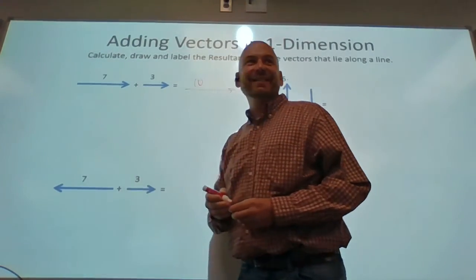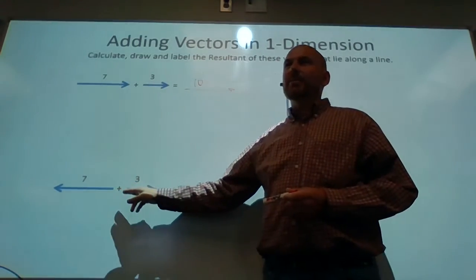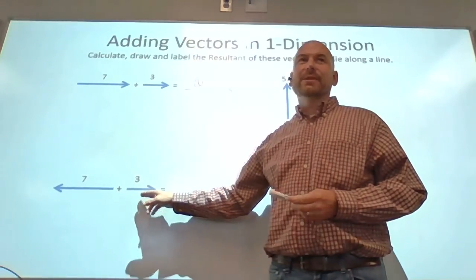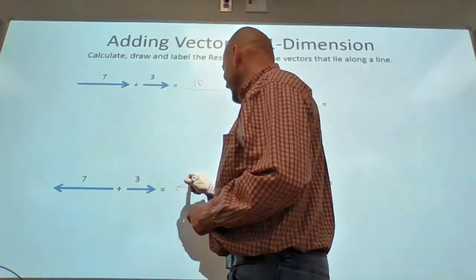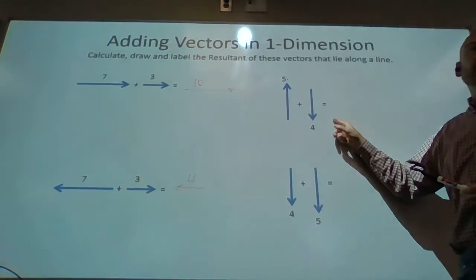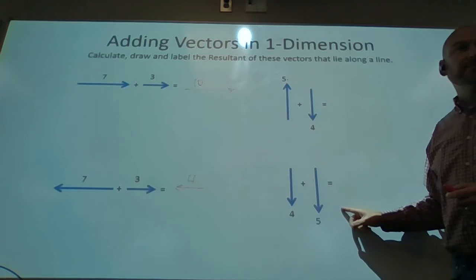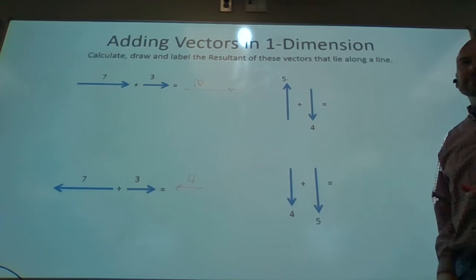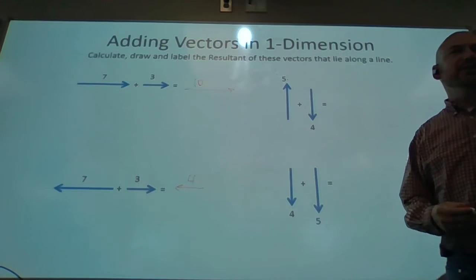Wow, that's crazy. 7 to the left plus 3 to the right is equal to? Wow, you guys are geniuses. 5 up plus 4 down: 1 up. 9 down. There it is. Finding the resultant.